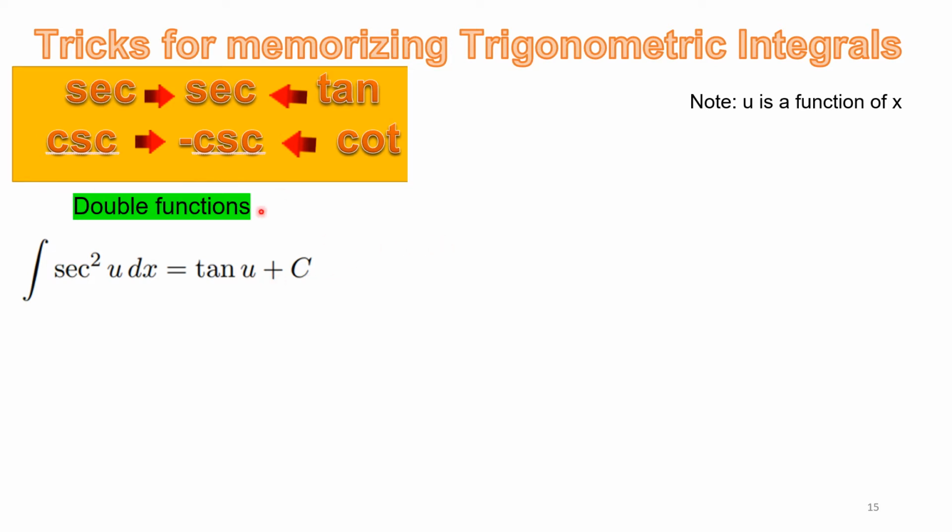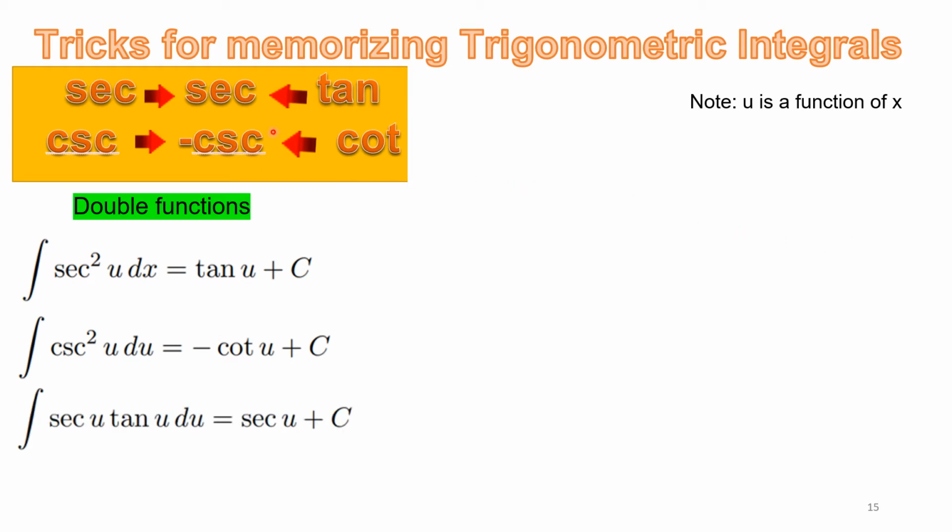The integral of cosecant squared, with a negative sign, is negative cotangent of u plus c. The integral of secant u tangent u is secant u. And the integral of cosecant cotangent is negative cosecant, so what is left is your cosecant.